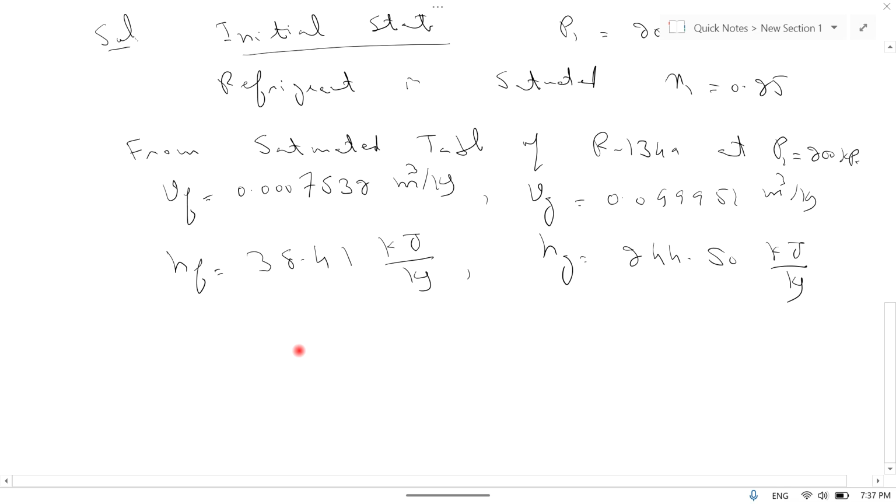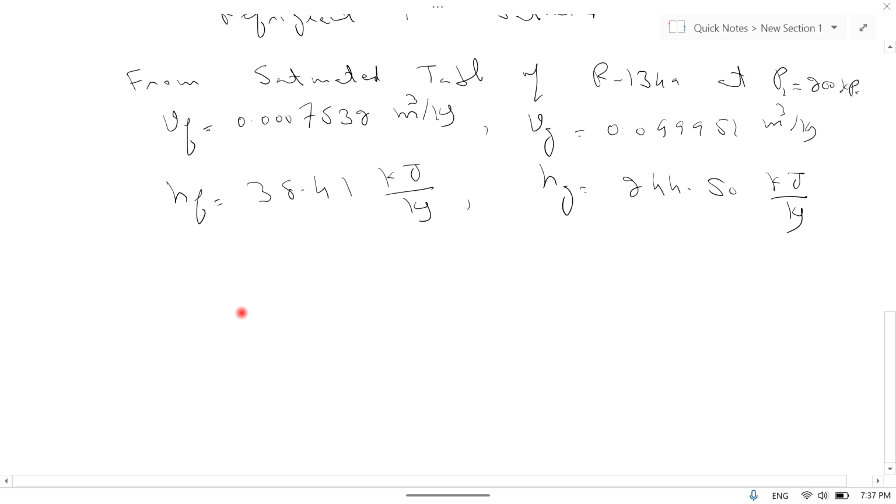Now with the help of state 1 we can find v1 and h1. As we know, the specific volume v1 is vf plus x1 times vg minus vf.